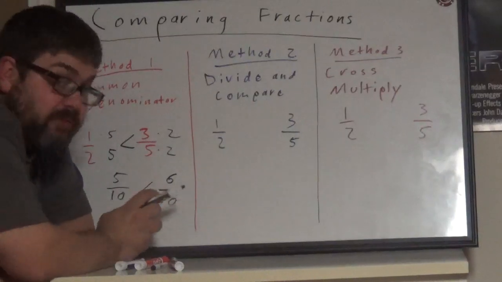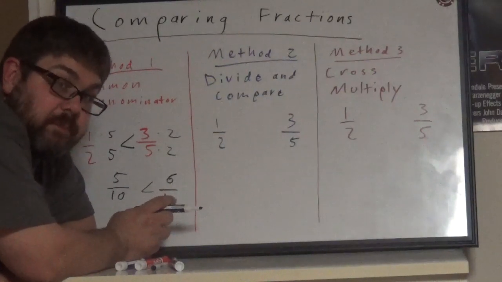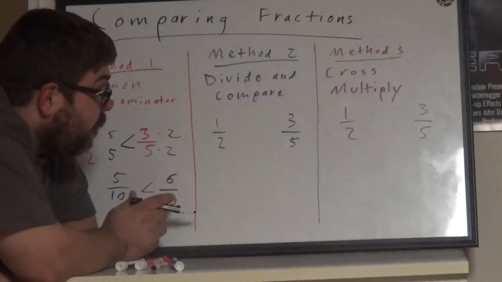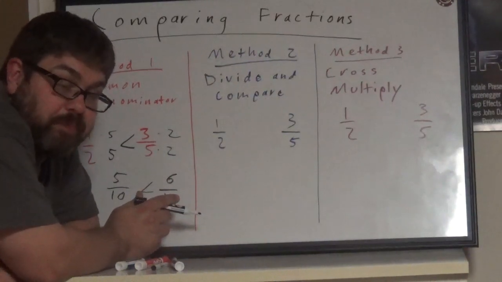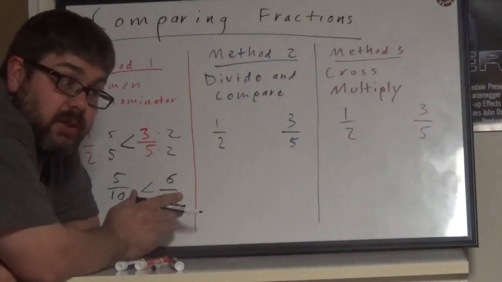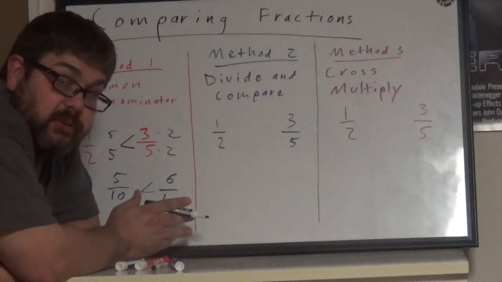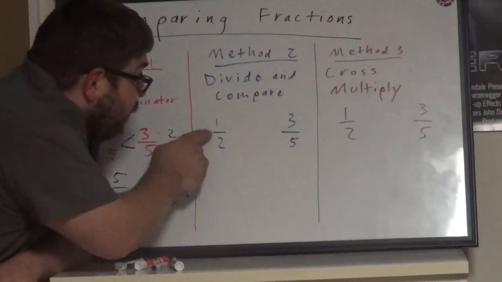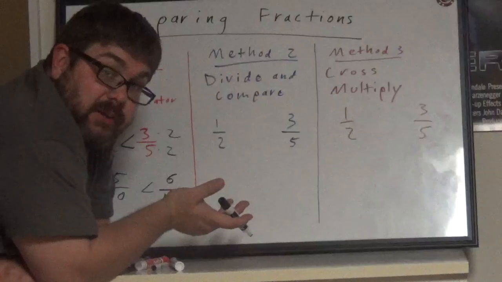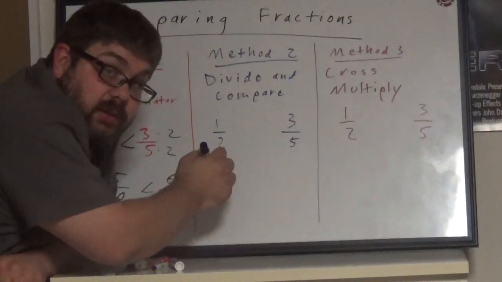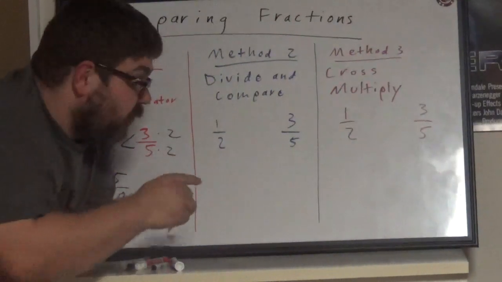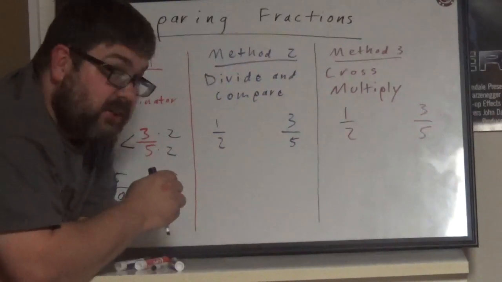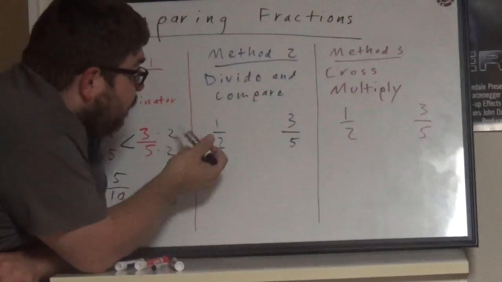The second one is to divide and compare. When we divide, we're going to get a decimal. Decimals are already ready to compare. So if I do 1 divided by 2, because remember, a fraction bar is a division symbol. Very important to remember that in general in algebra.